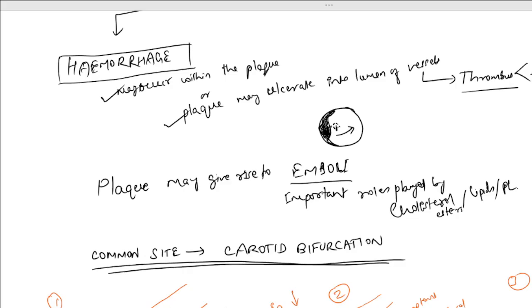Now let us understand the third situation where the blood vessel is anyway there, and the plaque which was formed here has moved. It has ulcerated and moved. We were talking about sometime back, either it can give rise to the plaque or it may ulcerate into the lumen of vessels. So same thing, it has ulcerated.